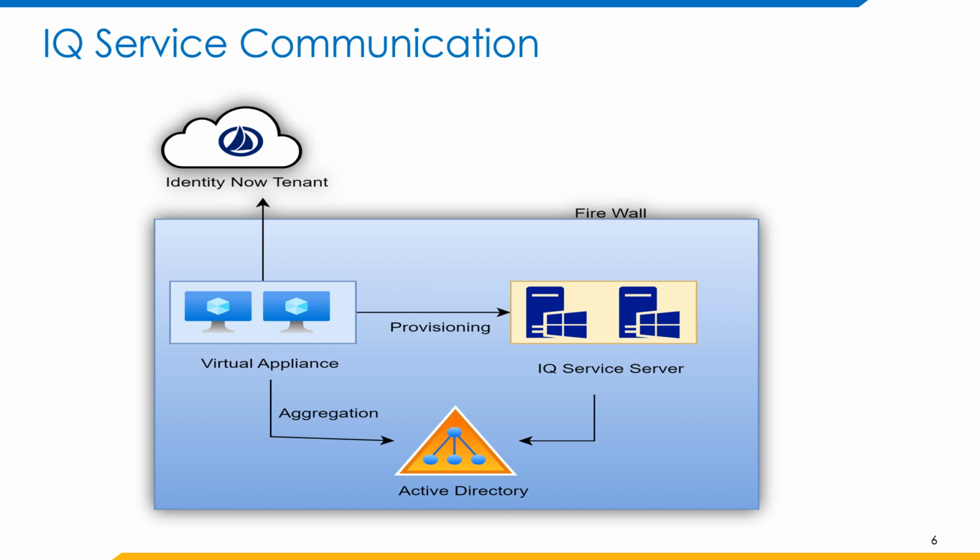IQ Service server communicates with the domain controller using LDAP or LDAPS. IQ Service receives the data from the domain controller and gives it back to the VA as outbound traffic. Finally, the VA will give the updated result to the tenant and request new tasks. Coming to the next slide.